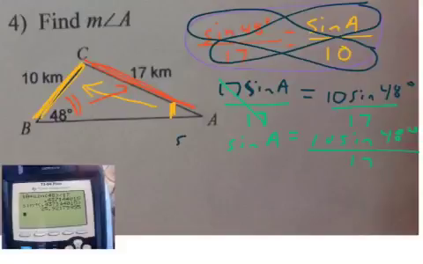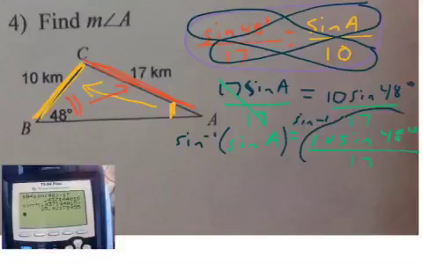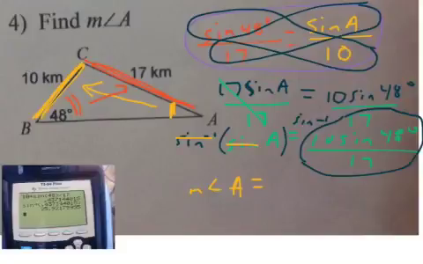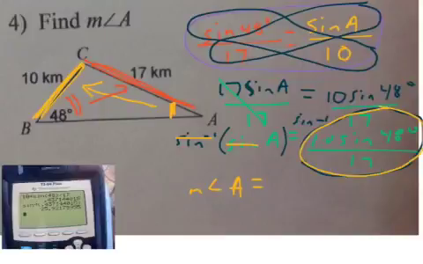Well, I'm going to do the sine inverse. Some refer to it as the arc sine, but I'm going to do the sine inverse of all of that right there. And the idea is sine inverse cancels out sine. They're inverses of each other. So I'll just have A, the measure of angle A, equal to the sine inverse of all of that there in gold.